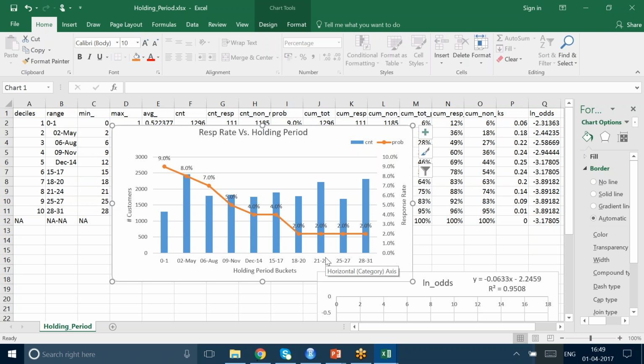Now this capping is not done for outlier treatment. This capping is done because if someone's holding period is more than 18, be it 20, be it 28, be it 30, the graph says they have the same probability of responding.